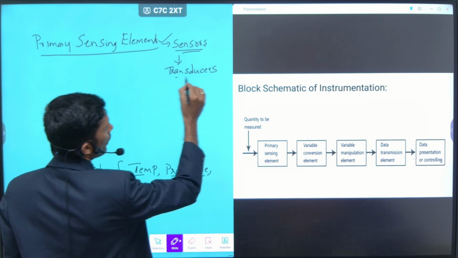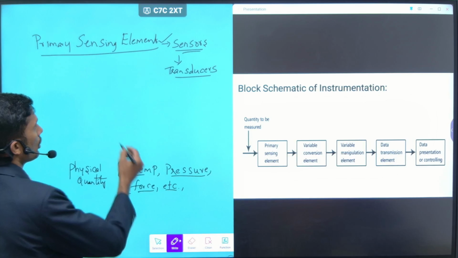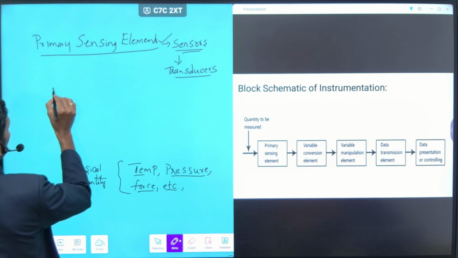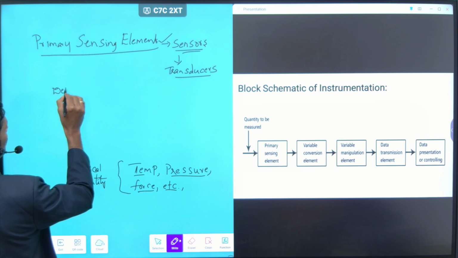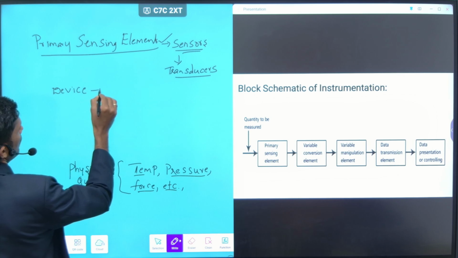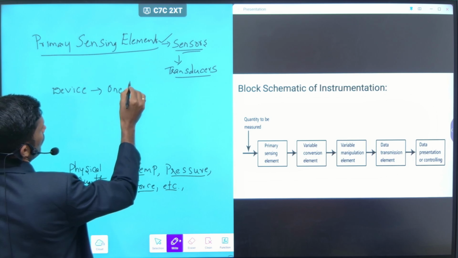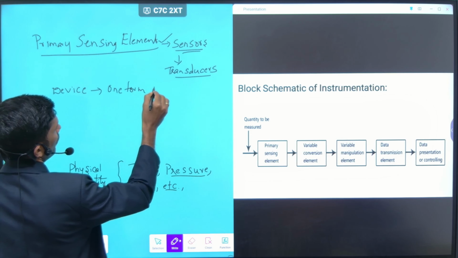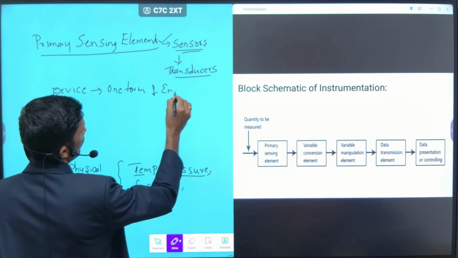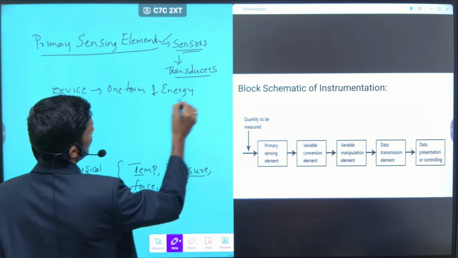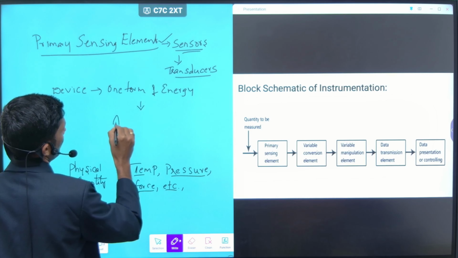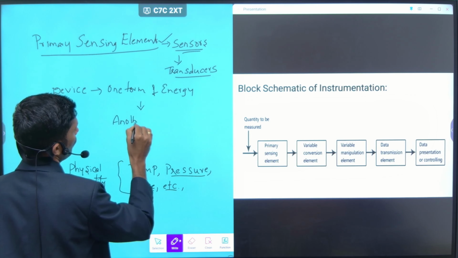So what is meant by transducer? A transducer is a device that converts one form of energy to another form.